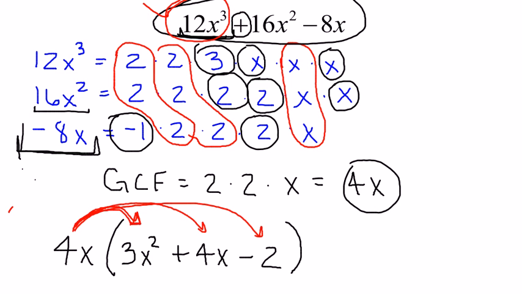The 4x times the 4x gives us our 16x squared, so that checks out. And then the 4x times the negative 2 gives us the negative 8x. So this expression factored is just this answer down here.